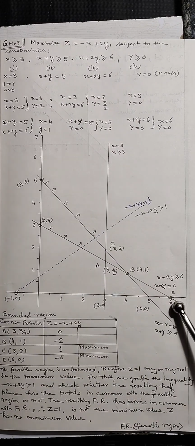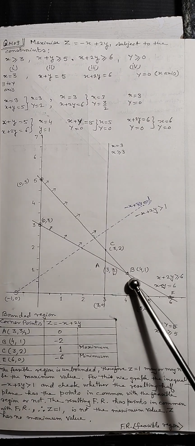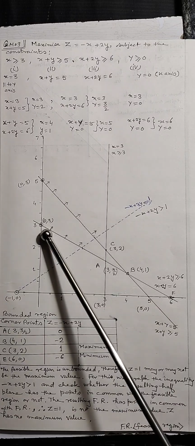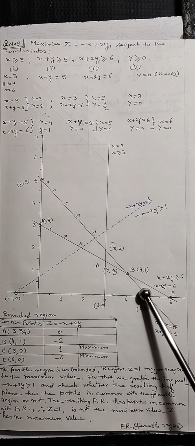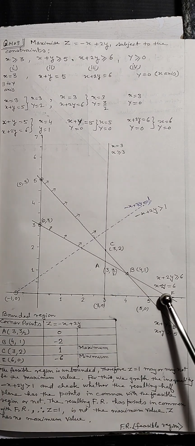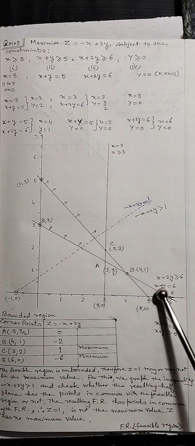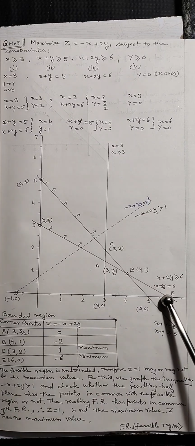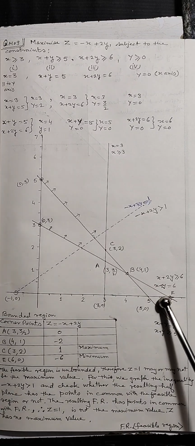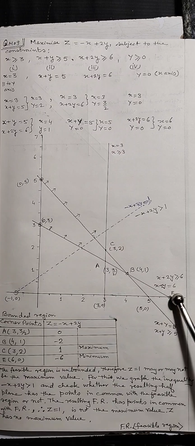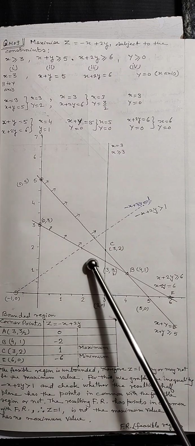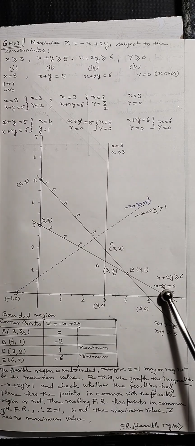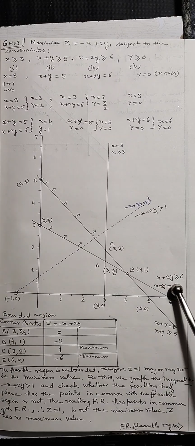Here you see E, B, this point, the upper part will indicate the solution region of x plus 2y greater than or equal to 6. This particular line is the graph of x plus 2y equal to 6. The region indicated by the arrow mark will be the solution region of x plus 2y greater than 6.